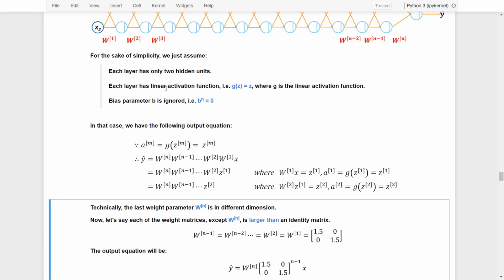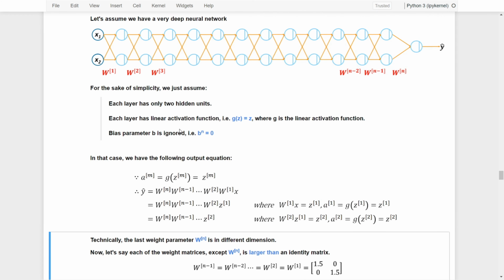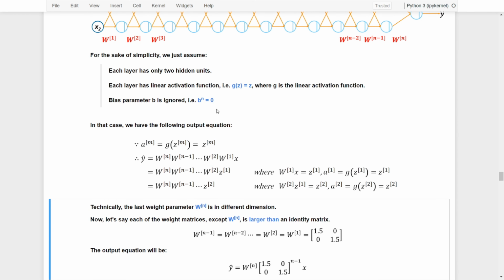However, because the activation function is linear, and at the same time we do not have the bias parameters, after the activation function Z1 is actually equal to the hidden layer's output, that is A1. So we can just simplify W1x equals Z1. And then so on, we can simplify that W2 times Z1 equals Z2, because the activation function is linear, and at the same time the bias is ignored.